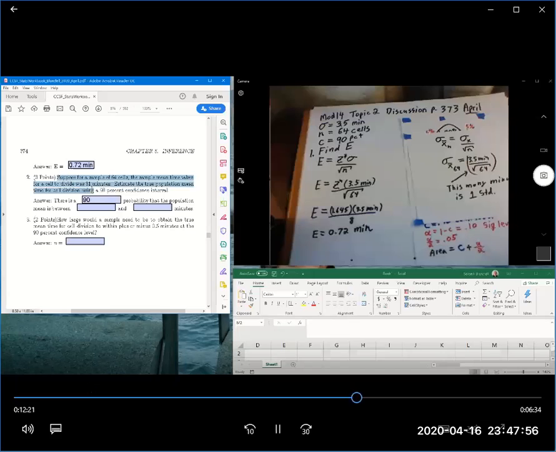So the story continues. We go out and we get a sample of 64 cells, and for just those cells the average division time was 31 minutes. So the population mean is probably not more than 0.72 minutes away from the 31.